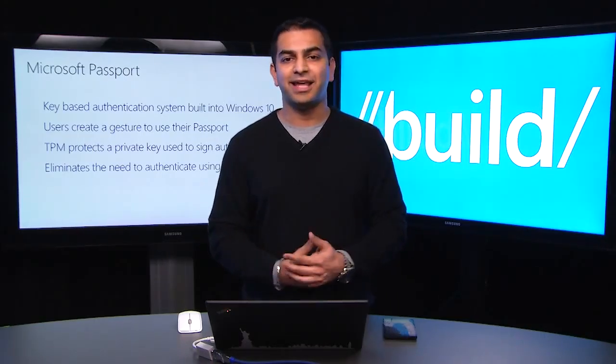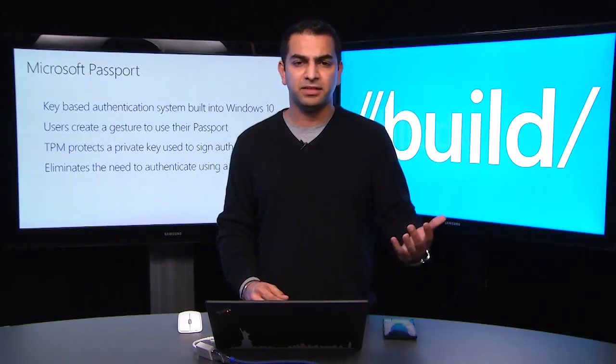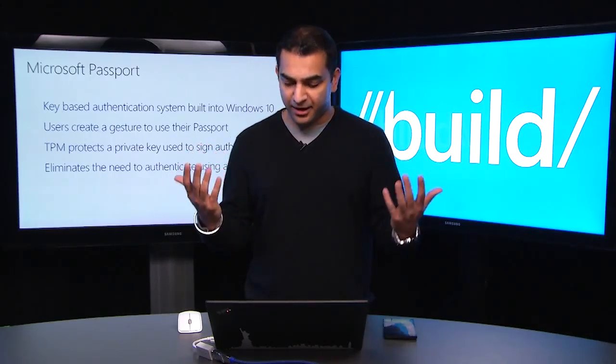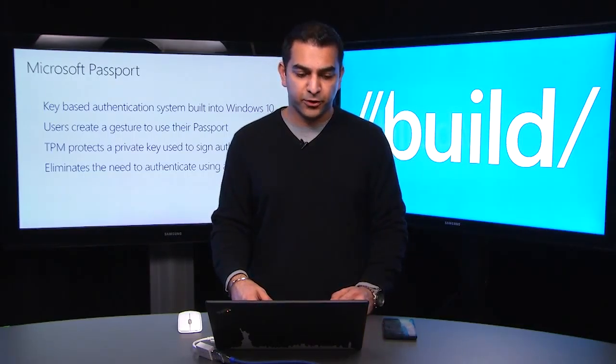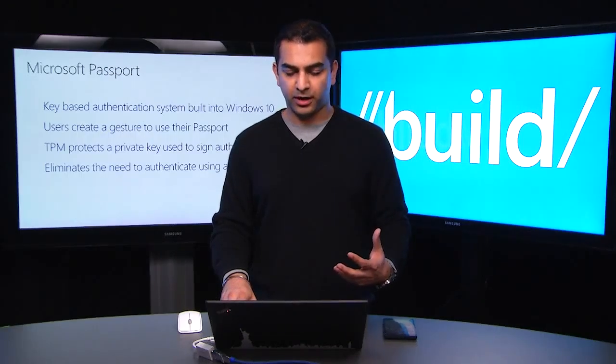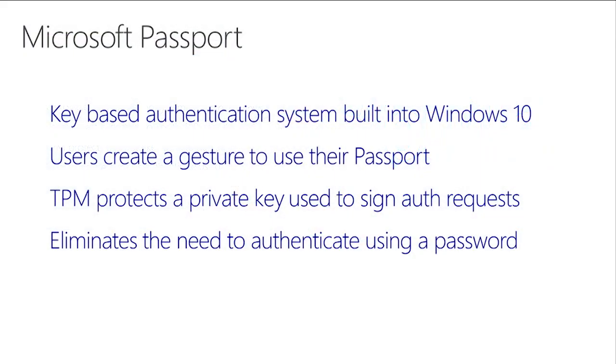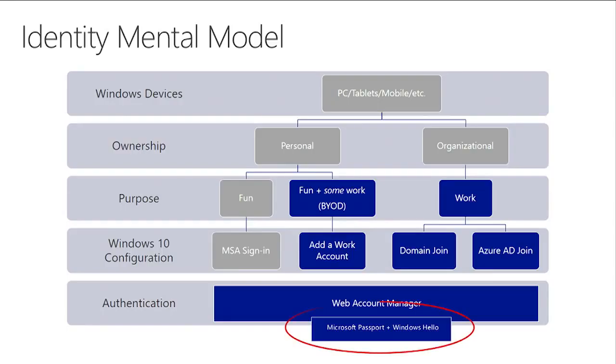And Windows Hello is an excellent way where a user can just seamlessly do that by using a fingerprint sensor that's available on your device or an iris scanner that may be available too. So with Microsoft Passport, we do away with the demerits of traditional passwords. At the same time, combining it with things like Windows Hello, we make sure that the usability doesn't suffer. And that's all I really wanted to talk about today.